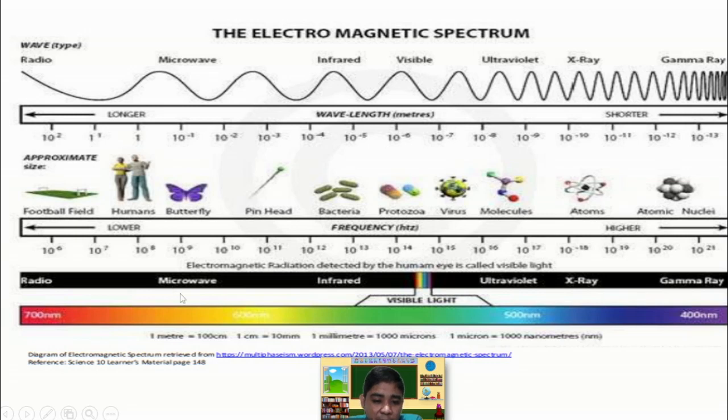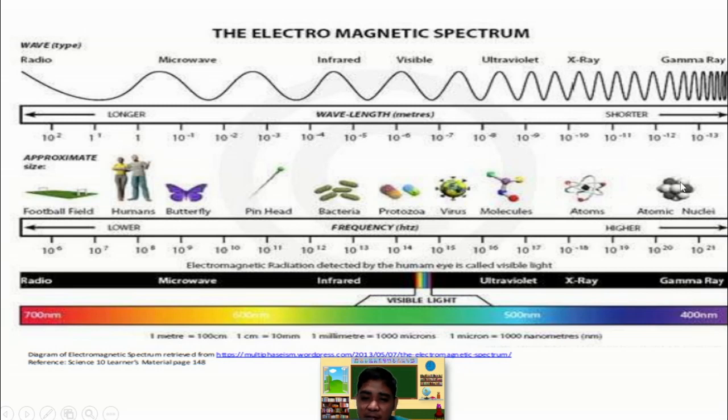Okay, what about the energy and the frequency? As you can see in these values, the frequency becomes lower in this direction and higher in this direction. So as I said a while ago, the longer the wavelength, the lower the frequency and the lower the energy. The shorter the wavelength, the higher the energy and the higher the frequency.